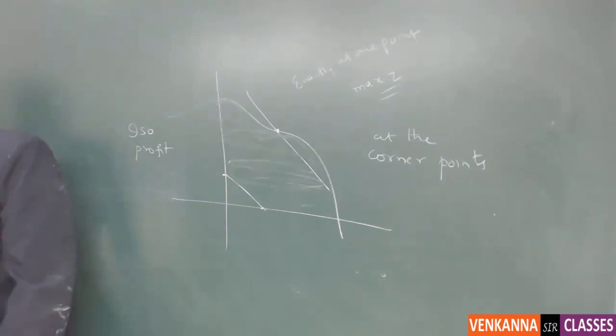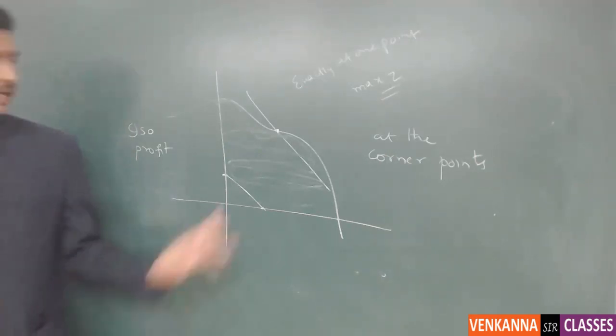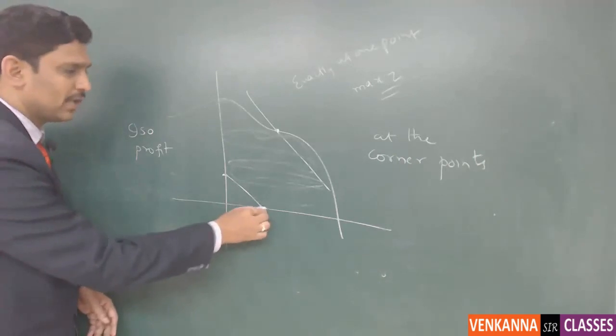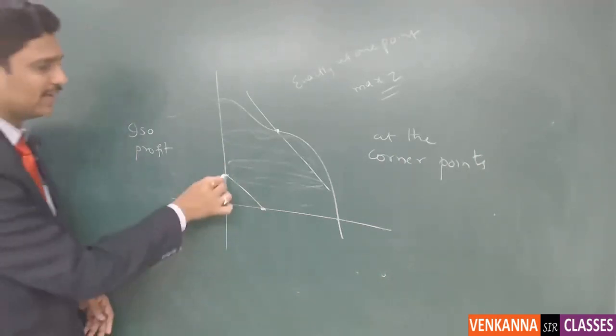Any point or every point on this region is a solution of the LP problem. Yes or no? Right. So you randomly pick up a point on the axis, and you will get a straight line.